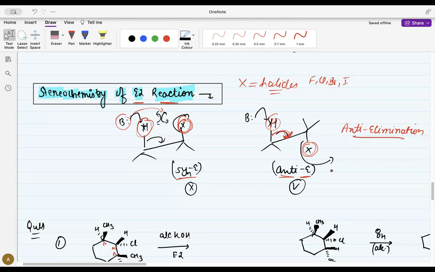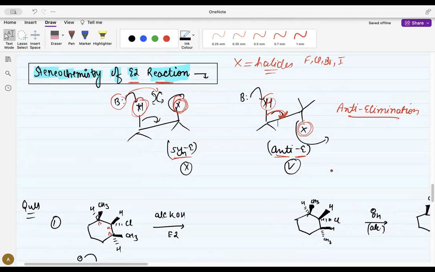देखें, so write the stereochemistry of E2 reaction. देखें E2 में क्या होगा कि बेस विल कम and will take the hydrogen.